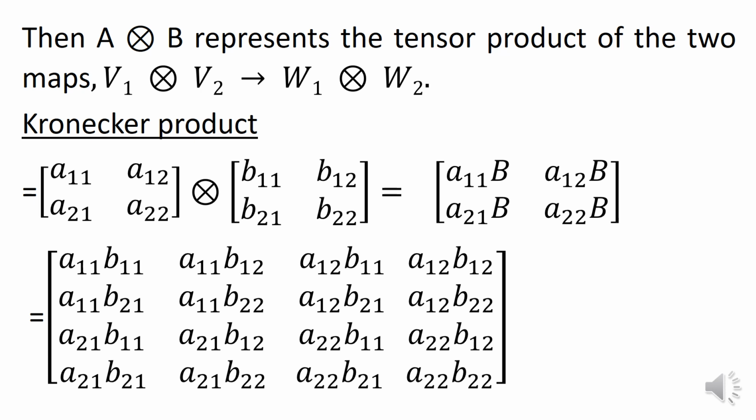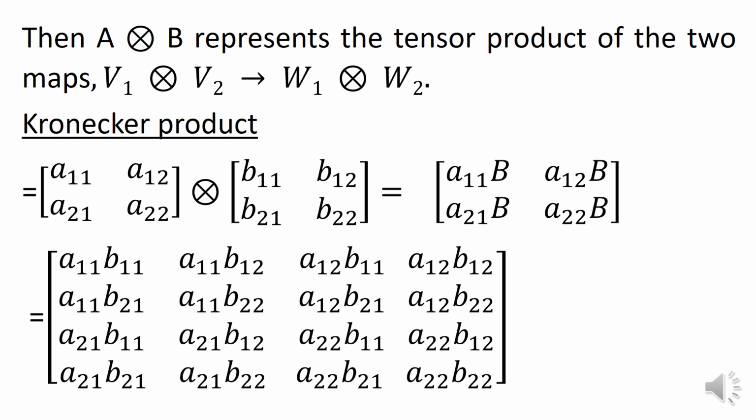Similarly, A21 can be taken inside, and B will be the same: A21 B11, A21 B12, A21 B21, and A21 B22. Similarly, A22 will be here, and B will be attached to it: A22 B11, A22 B12, A22 B21, A22 B22.